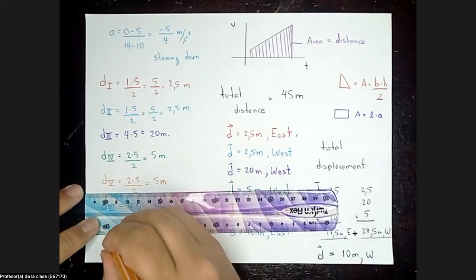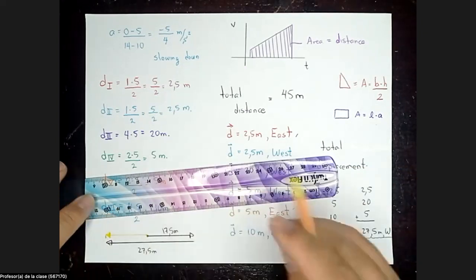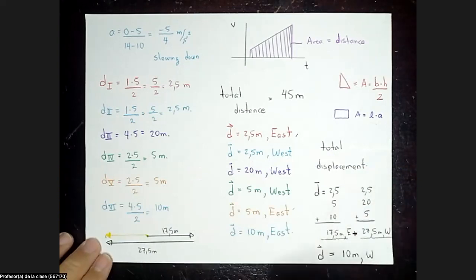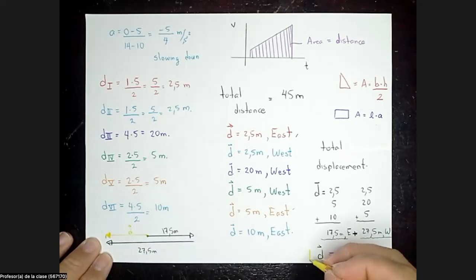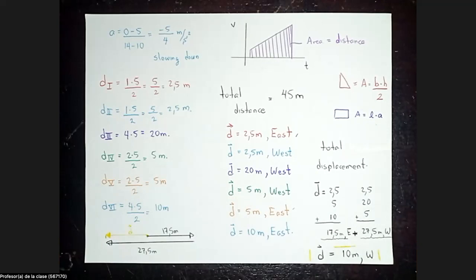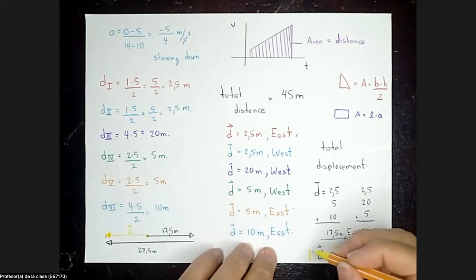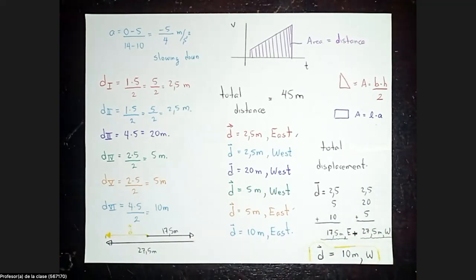So this is going to be the displacement. And that's the reason why we did that subtraction, right? This is the total displacement of the object. And so that's it. We finished the exercise. Very good.